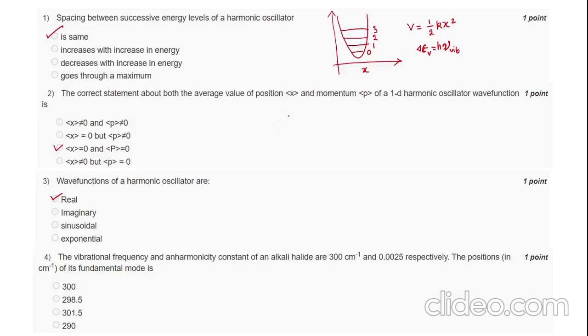For an anharmonic oscillator, remember what the expression for energy is.